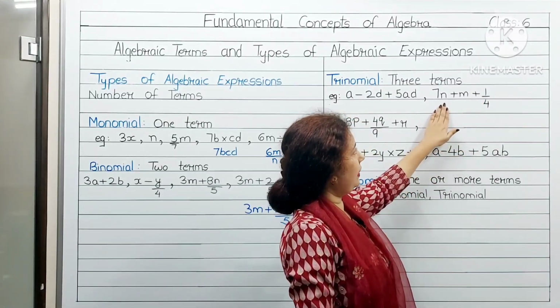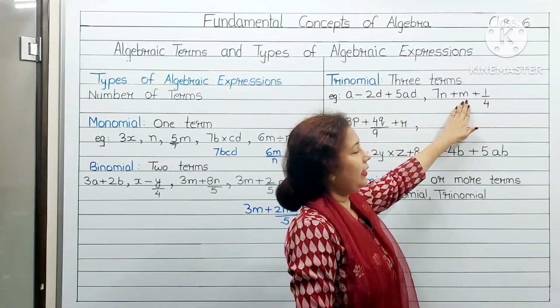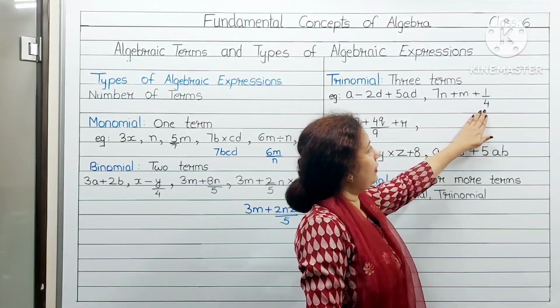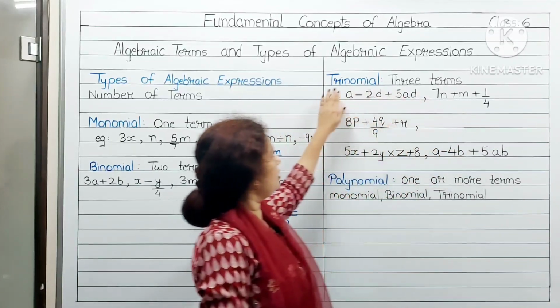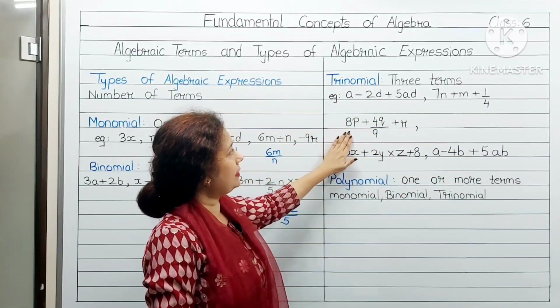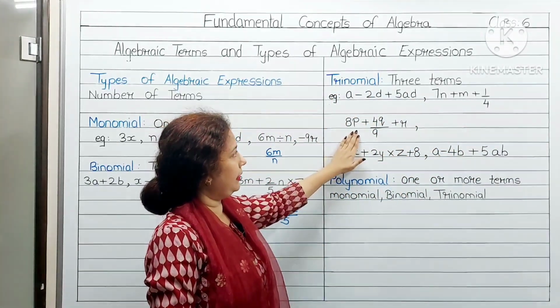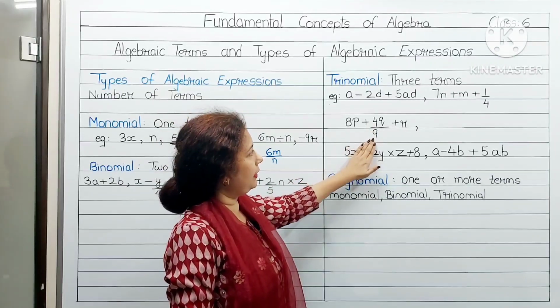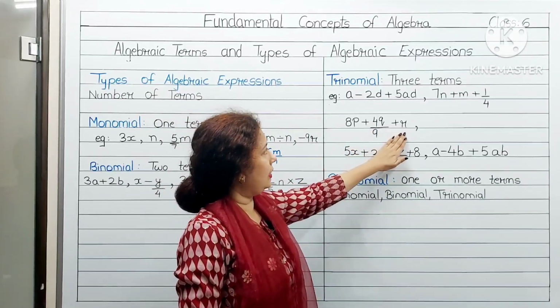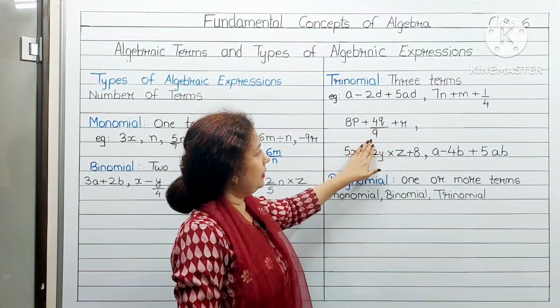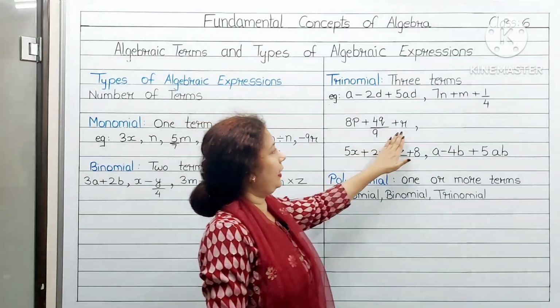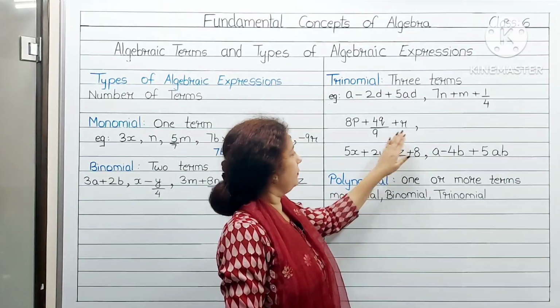So here 7m is the first term, m is the second term and 1 upon 4 is the third term. So here again 3 terms, so trinomial. Next example is 8p plus 4q upon 9 plus r. So 8p is the first term, 4q upon 9 is the second term and r is the third term.